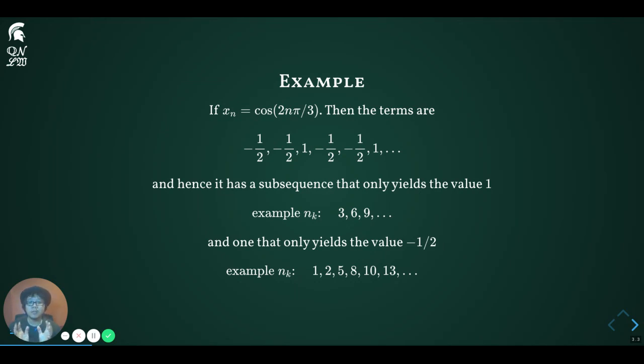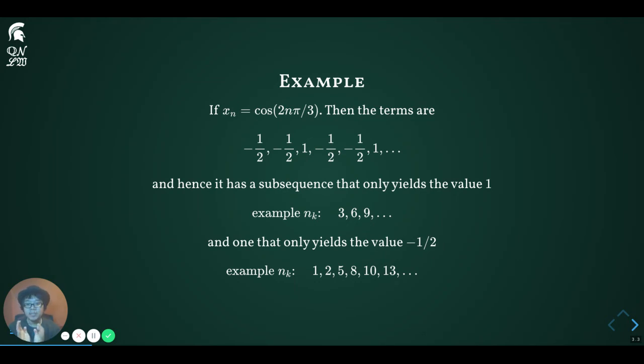As we can see, this sequence only takes two possible values, minus 1 half and 1. Each, however, it takes infinitely often. So there exists a subsequence that only yields the value 1 as its output. As an example of a selection function that does this, we can take the indices n sub k to be in order 3, 6, 9, and so on.